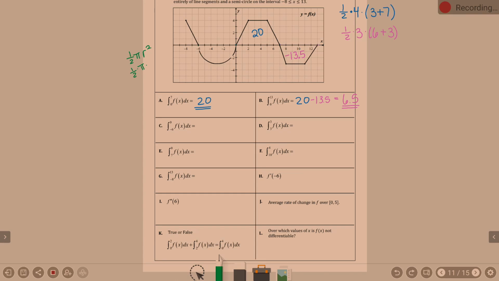Yes, because it's 6 across here if it's a semicircle, so that means the radius is 3. So 3 squared is 9. Half of 9 is 9/2. And so 9/2 pi.